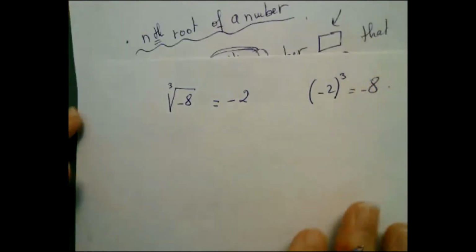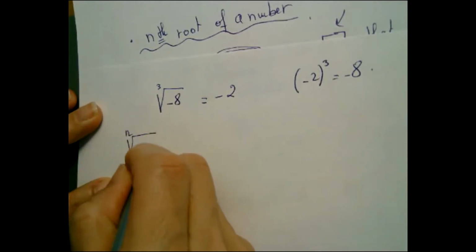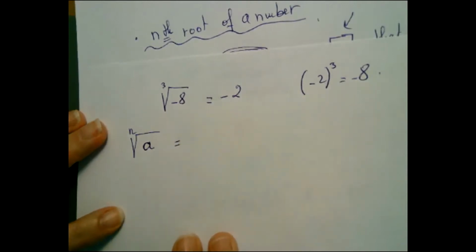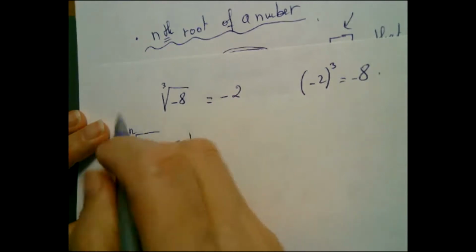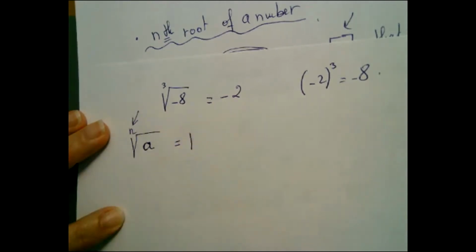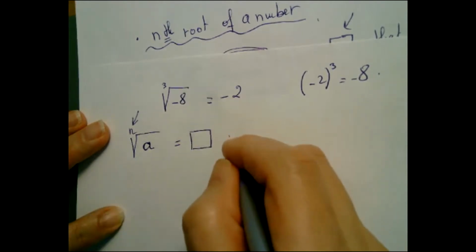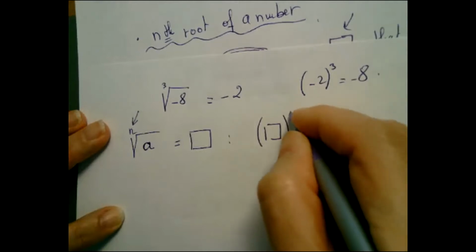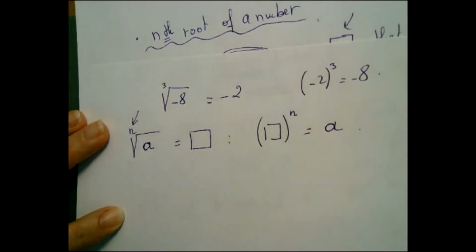Okay, so in general, what is the nth root of a number? This is basically a reverse version of raising to a power, just like the square root. So the nth root, be careful now. The nth root of a is the number that has the property: when you take this number and you raise it to the power n, you get the number a back.